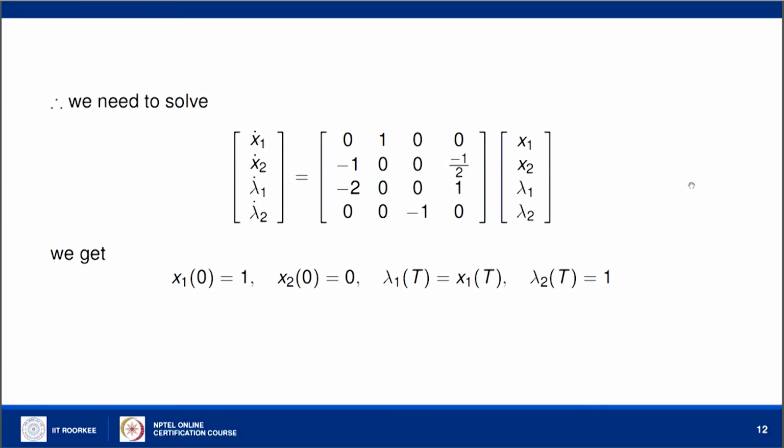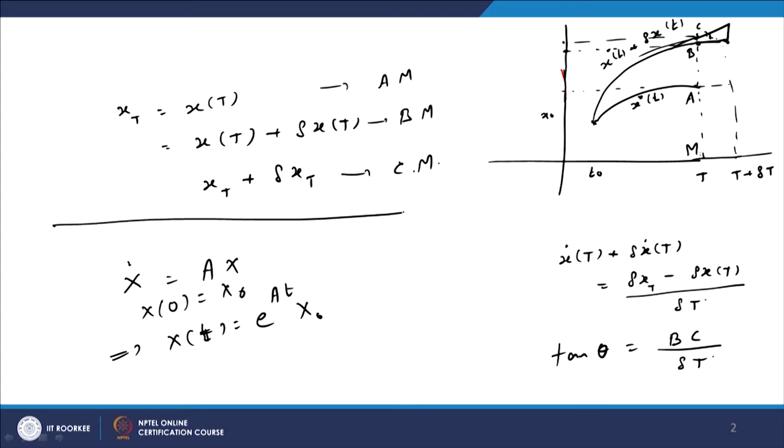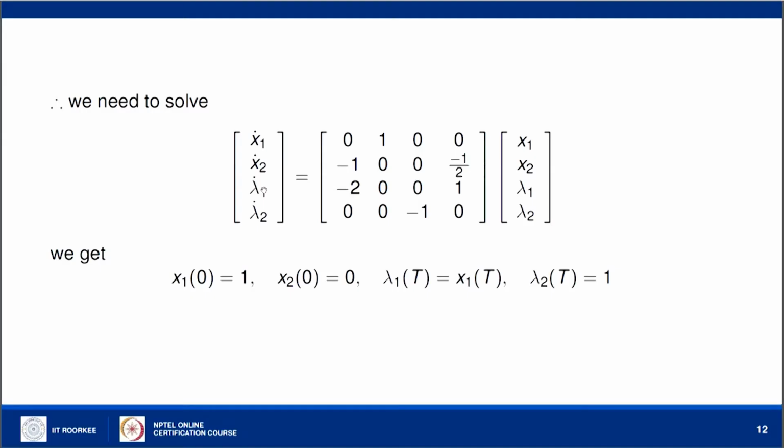We know that for the equation x dot equal to Ax with initial condition x of 0 equal to x0, the solution is x of t equal to e to the power A t times x0. Using this form we can solve the equation, and then substituting the boundary conditions we can get the solution of the problem.